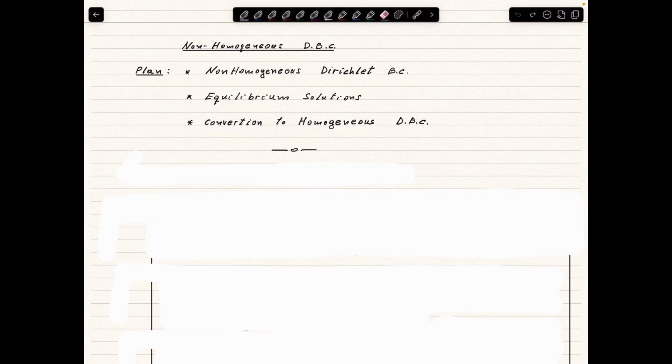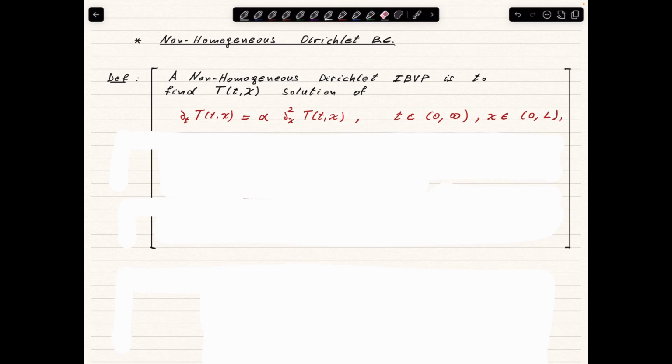Let's start introducing non-homogeneous Dirichlet boundary conditions for the heat equation. A non-homogeneous Dirichlet initial boundary value problem for the heat equation is to find the function T, a temperature, function of time and position, solution of the heat equation right here.